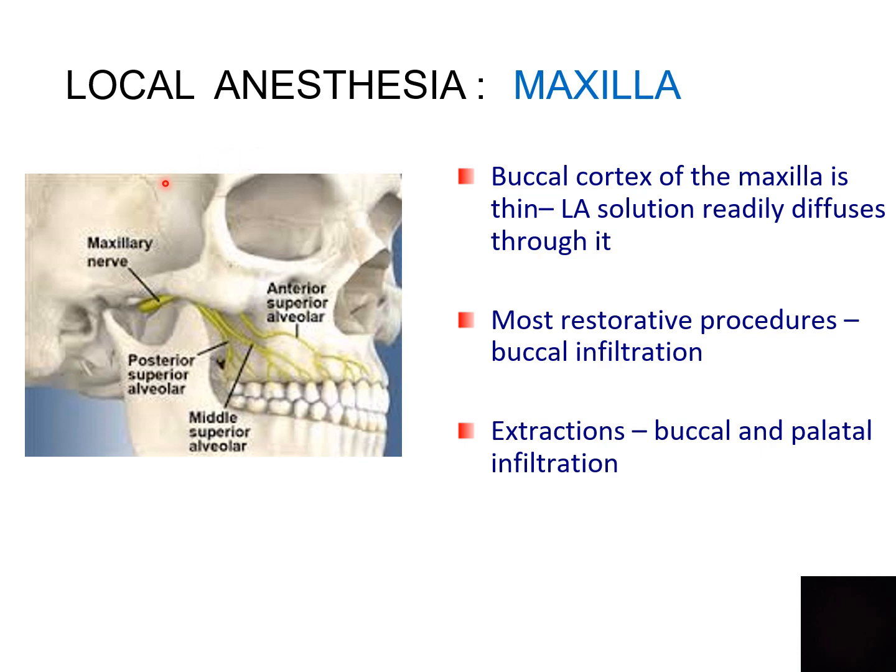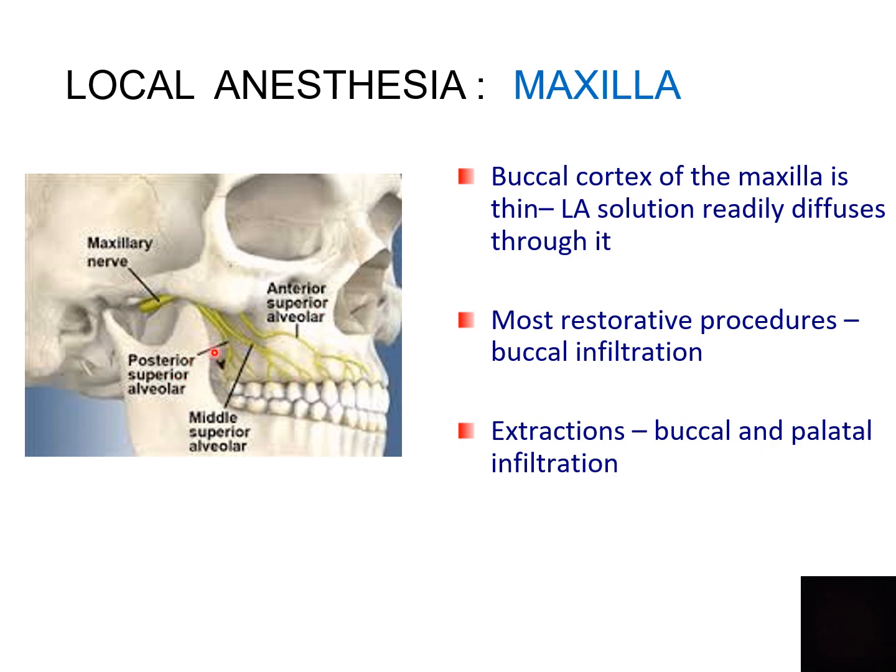Just very briefly, the nerve supply to the maxillary teeth is provided by the posterior superior, middle superior, and anterior superior alveolar nerves, which are branches of the maxillary nerve.